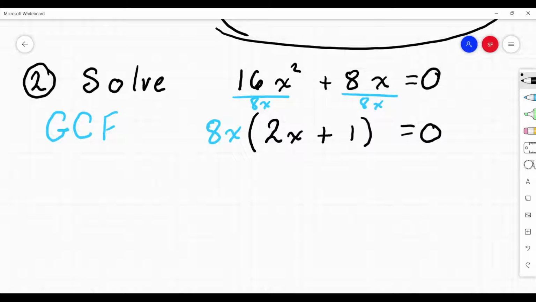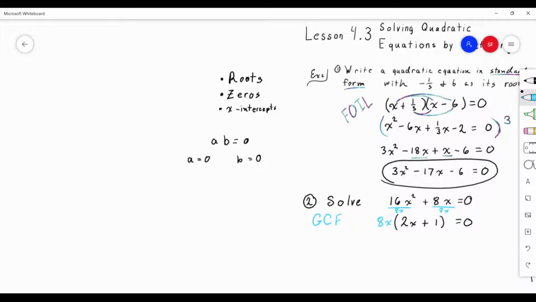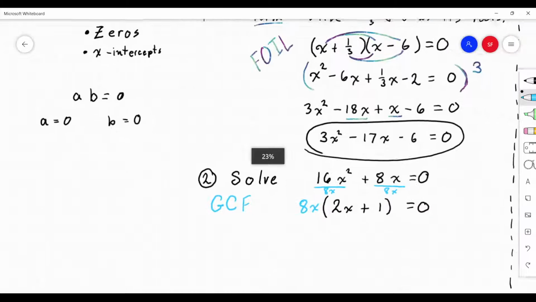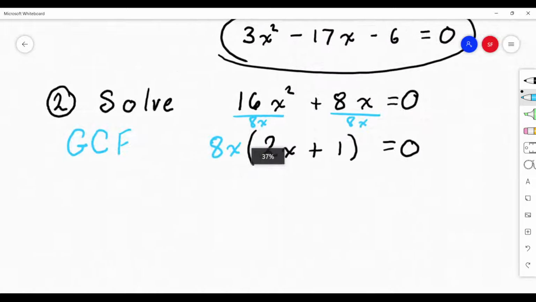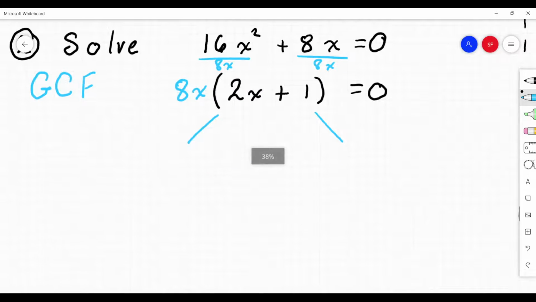2x. Okay, so once we have this factored, we're going to use this property right here. Now that we have a quadratic that is completely factored, there's no plus something else out here, or minus or whatever else, and equal to 0, which is what we have, we're going to split this into 2 problems and set each factor equal to 0.